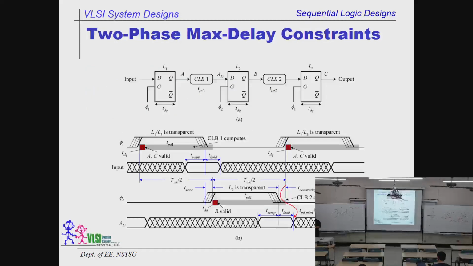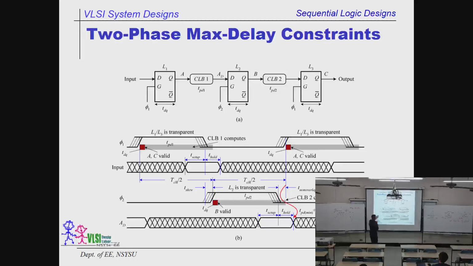I'll show the figure first. It's easier for you to understand. Now those three boxes on the screen are not edge triggered. They are level triggered.